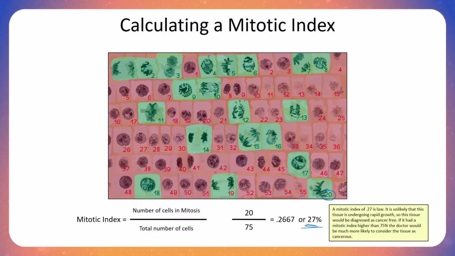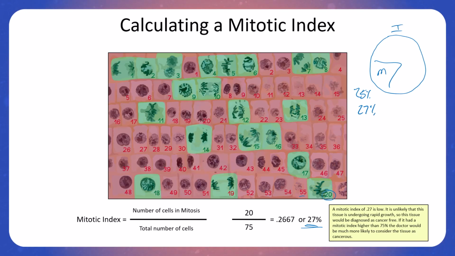Normal tissue cells would have a very low mitotic index because if you think about the cell cycle, remember the cell cycle consists of basically 2 phases. You have interphase and you have M phase. If you were to look at this, about 25 to 27% of this cell by pie chart, by percent, would be M phase.